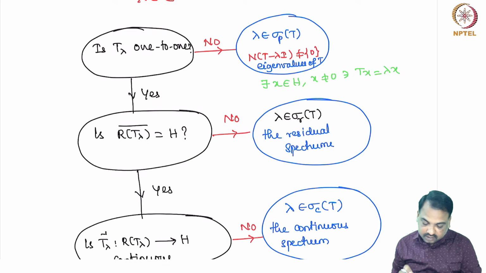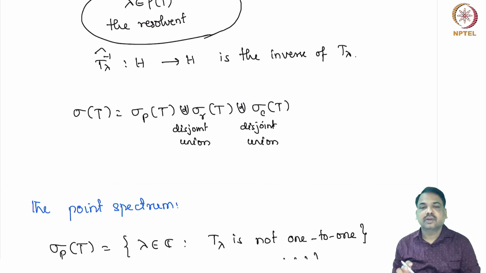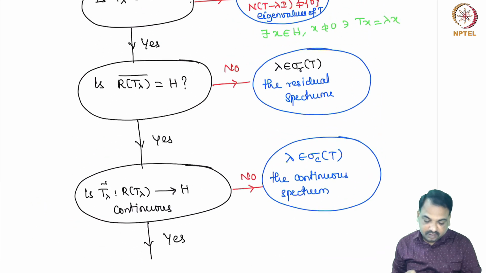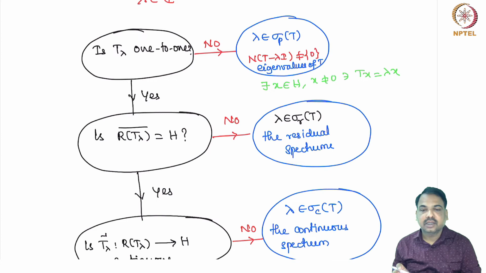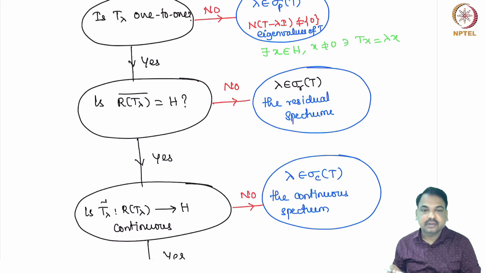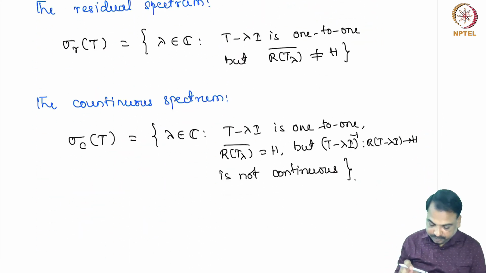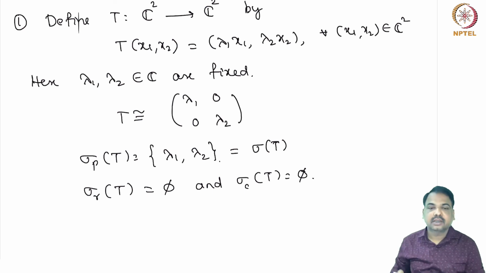But when you take lambda not equal to lambda 1 and lambda 2, the range of T lambda is exactly the full space. For that reason we will not get the residual spectrum or the continuous spectrum. Okay, so this can be generalized for any n by n diagonal matrix.